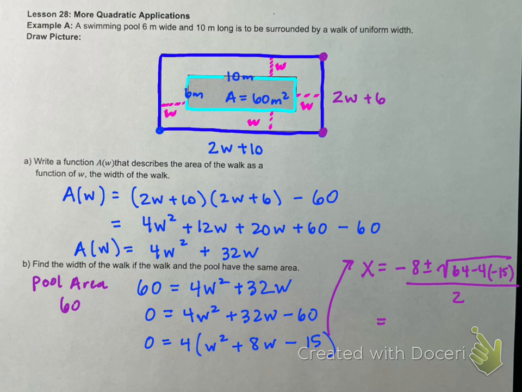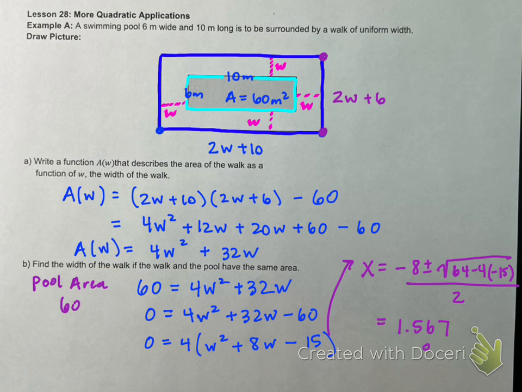I'm going to grab my calculator, and when I do that calculation, I'm going to get, well, let's double check. I get one answer of 1.567. And then I get a second answer. I'm going to hit second enter so I don't have to type that all over again, and then change the plus to a minus.